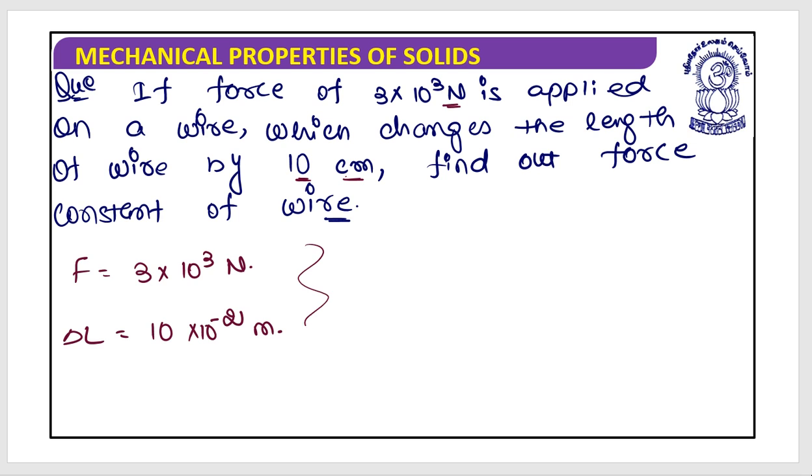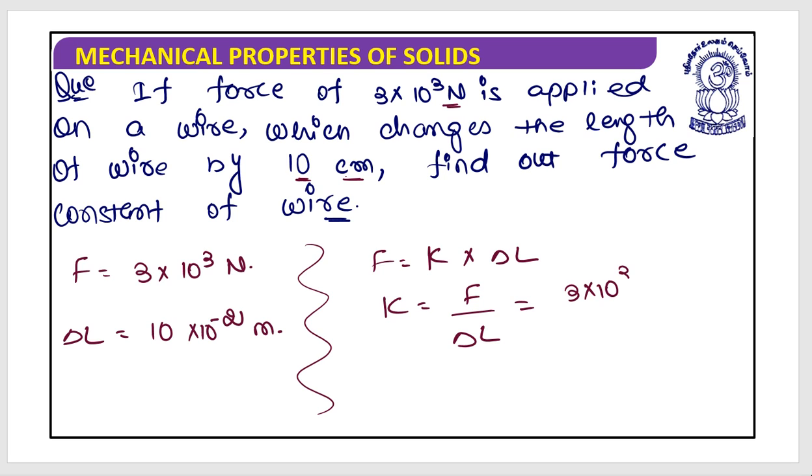Now I have the relation F is equal to K into delta L. From this, K is equal to F by delta L. So this is 3 into 10 to the power 3 divided by 10 into 10 to the power minus 2, that is 10 to the power minus 1. This is equal to 3 into 10 to the power 4 Newton per meter.